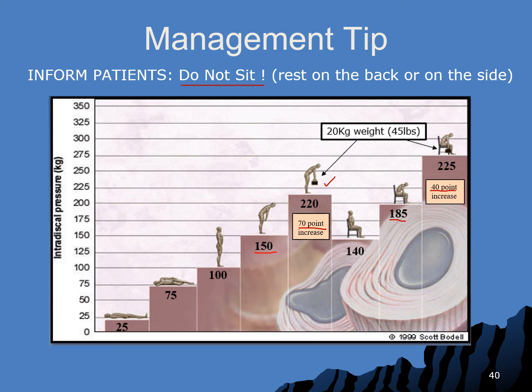We want them on their back or on whatever side is comfortable, and then they can switch between those two, and that will assist them in the healing process and actually speed up the healing process. Give them less visits, less cost for their condition. All righty.